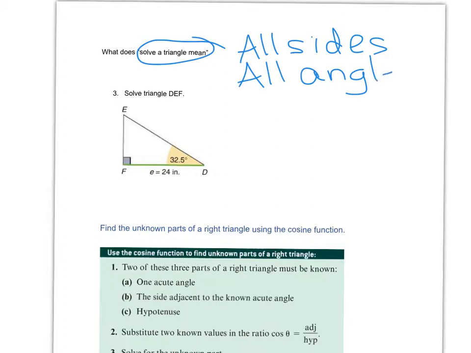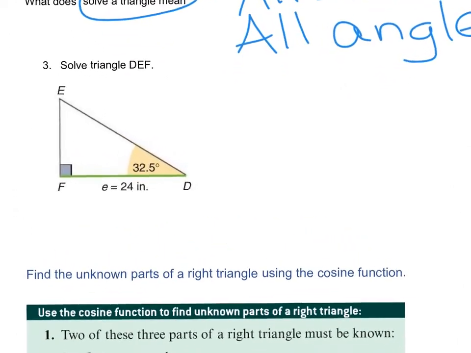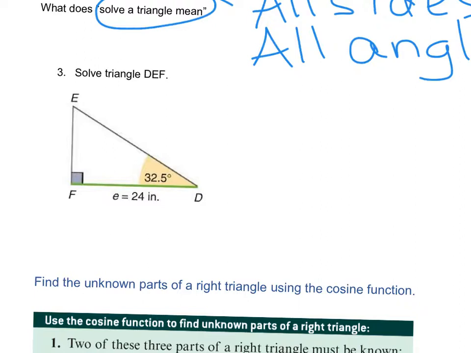Okay, so let's look at example 3. In example 3, they have asked us to solve triangle DEF, and in this triangle, they told us technically two angles because they gave you a 90-degree angle and the acute angle. So to find your final missing angle E, you just need to do some subtraction.